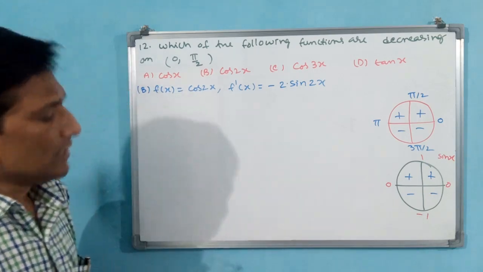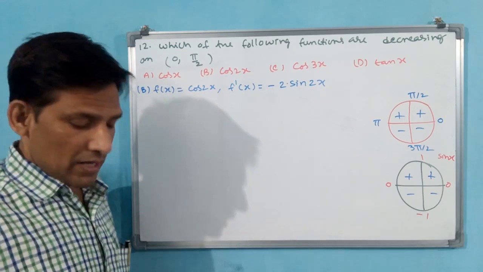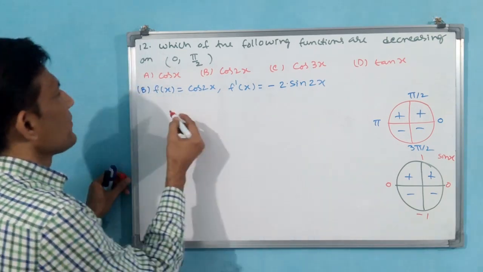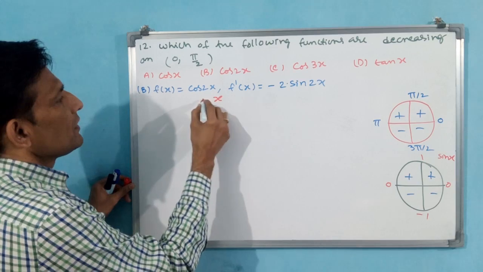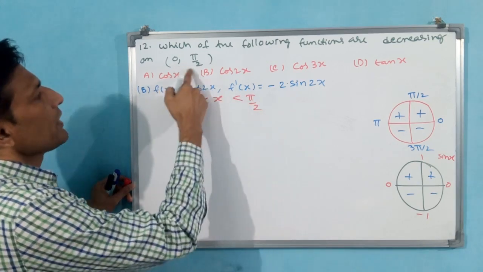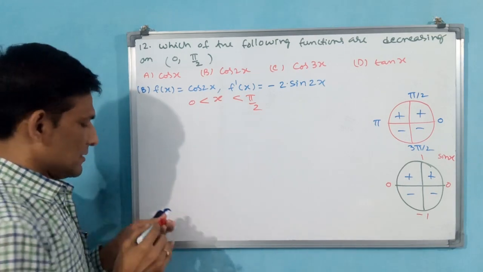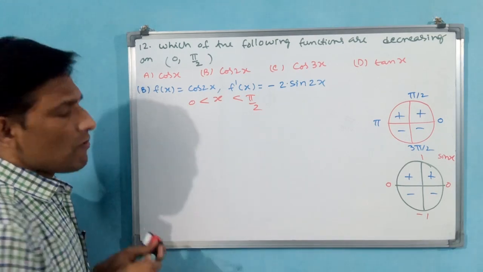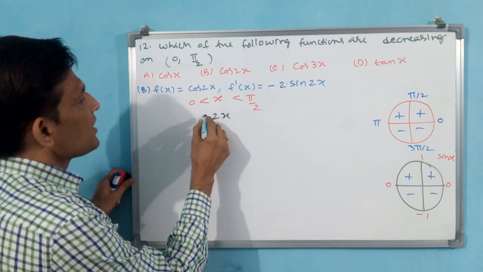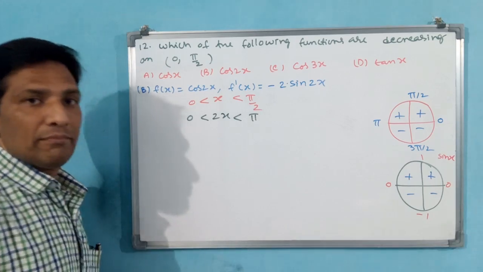But observe carefully here. This is not x, this is 2x. Then how to write? Like this you have to write. x is from 0 to pi by 2. But I will multiply by 2. See how I am writing. If you multiply by 2, 2 into 0 is 0 only, but 2 into pi by 2, pi will come.